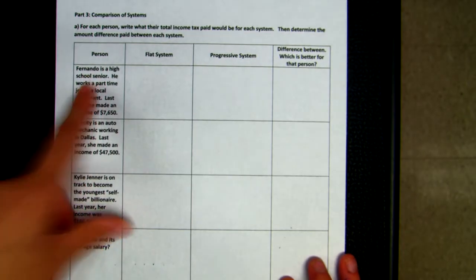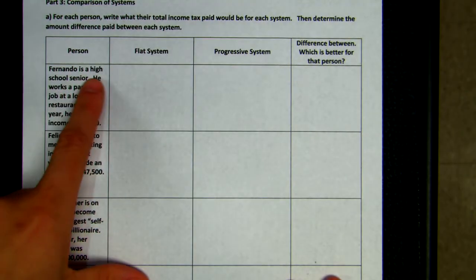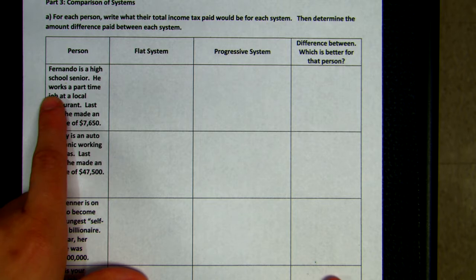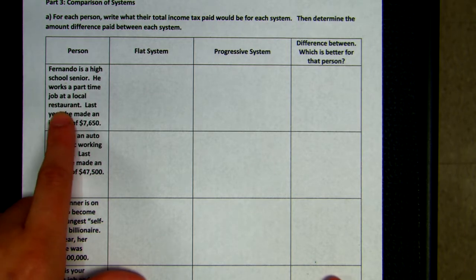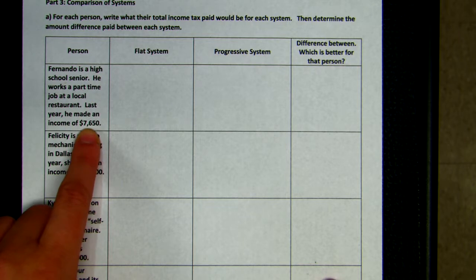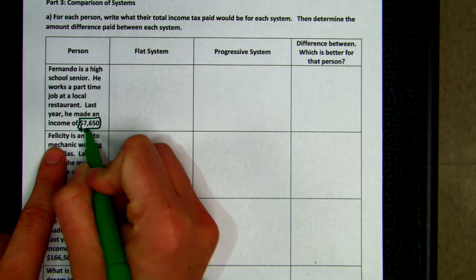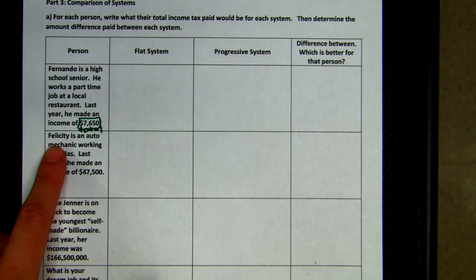Okay, so this one says, Fernando, I'll zoom in on this a little bit. Fernando is a high school senior. He works a part-time job at a local restaurant. Last year, he made an income of $7,650. Okay, so this is his total income.